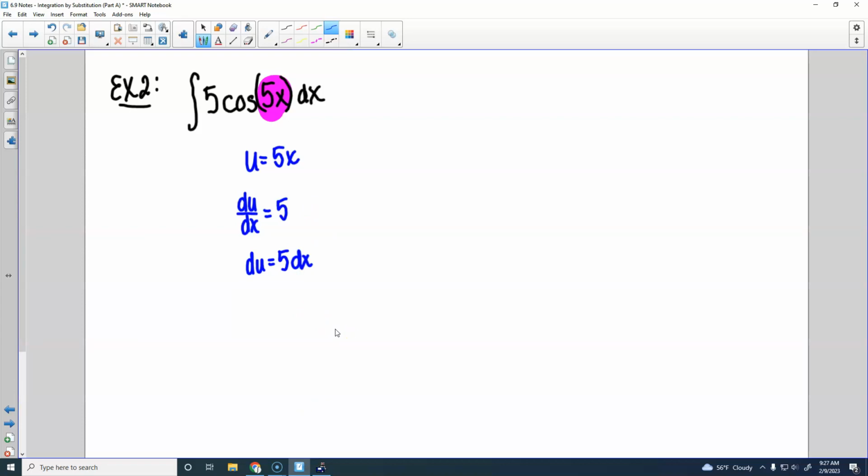So, like the last problem, we want to substitute. I can see right here I've got my 5x. I can replace that with a u. Do I have 5 dx? They're not together, but I could rewrite this as cosine of 5x times 5 dx.